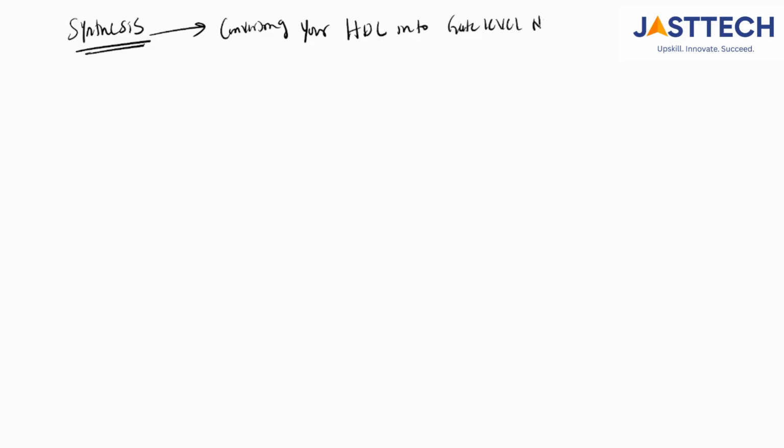And in the first class, I told you about synthesis. What is synthesis? Can anyone say? Synthesis is nothing but converting your HDL code into a gate level netlist, or we can call it hardware.